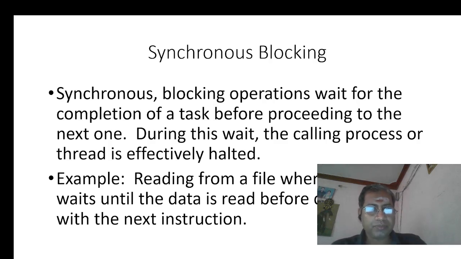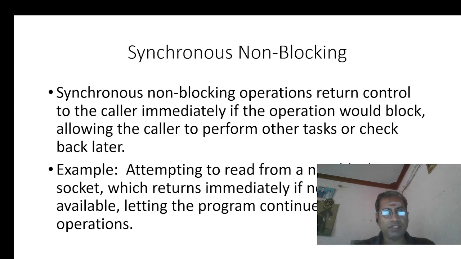Synchronous blocking. Synchronous blocking operations wait for the completion of a task before proceeding to the next one. In this way, the calling process or thread is effectively halted and the resource is wasted, sometimes when the scale increases. It's at massive scale. Example, reading from a file where the process waits until the data is read before continuing with the next instruction.